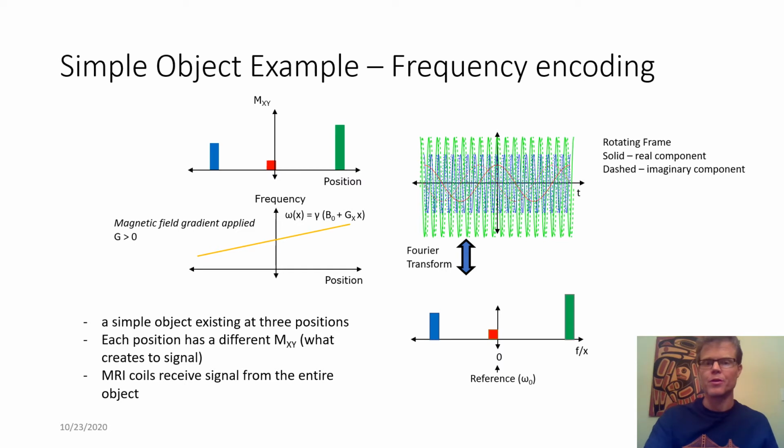So, for example, our red object here is near the center or near the isocenter. So it has a very low frequency in the rotating frame, whereas the green and the blue components are much further away from the center, so they have very much higher resonance frequencies.